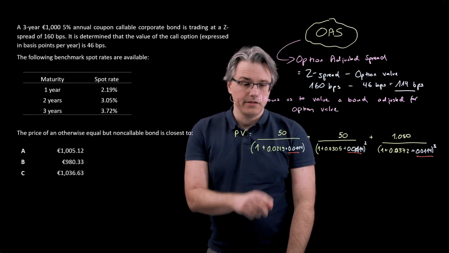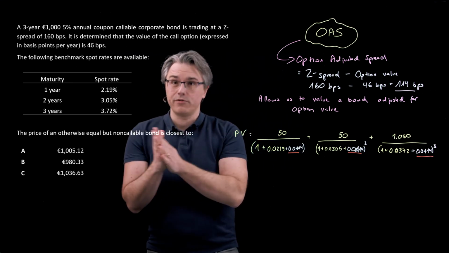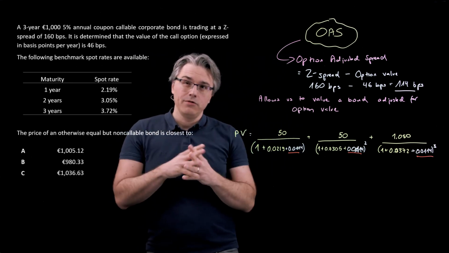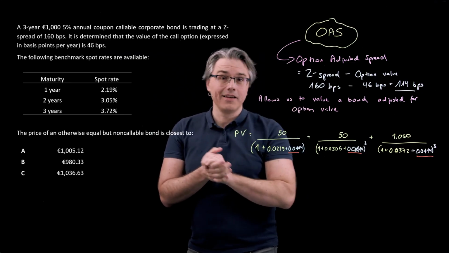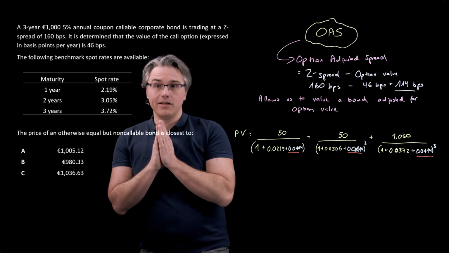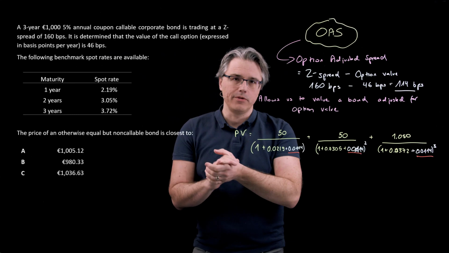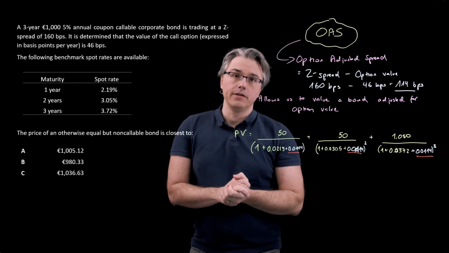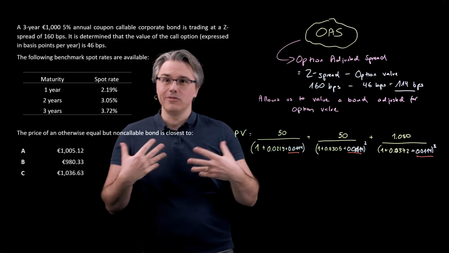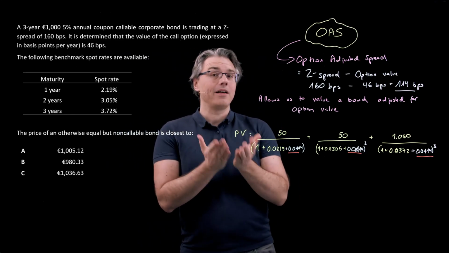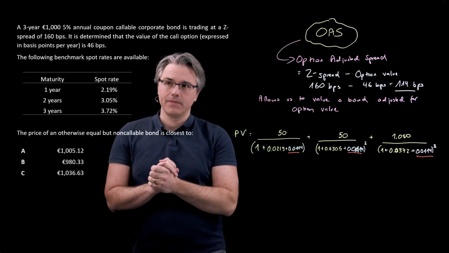Now we're going to be discounting using these factors, and that's going to ultimately produce a higher present value, because when you value a bond as if it didn't contain a call option, you're always going to get a higher number. Recall that a call option works against the holder of the bond and in favor of the bond issuer. So a bond without any callable features is going to be priced higher than an equivalent bond with a call option attached.